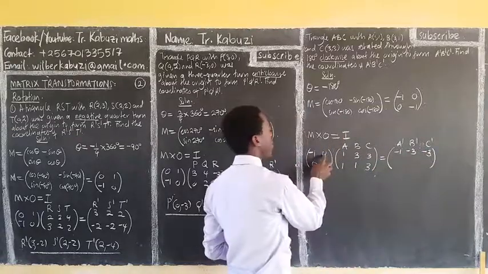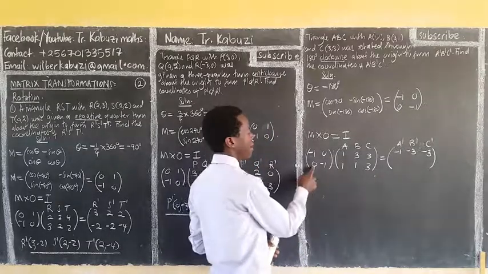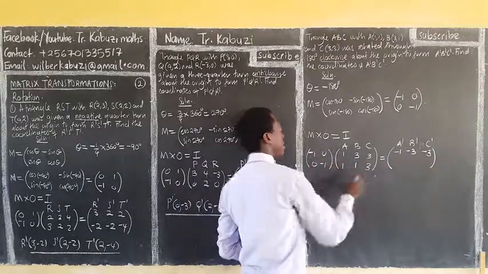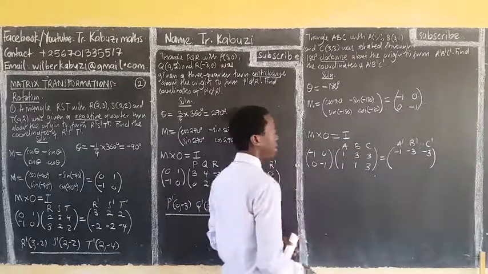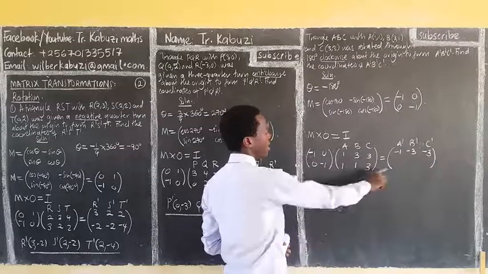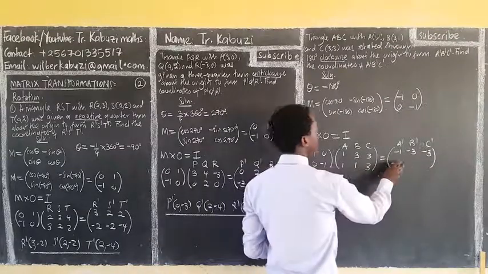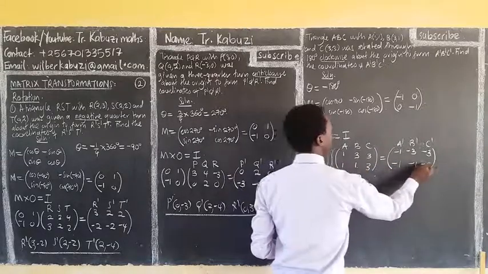Then you see here you have the 0, this 0 will multiply the first row entries, then this one will multiply the second row entries. So this one is going to push this one to 0, and this negative is going to multiply this one. So this times this, you get negative 1, negative 1, negative 3.